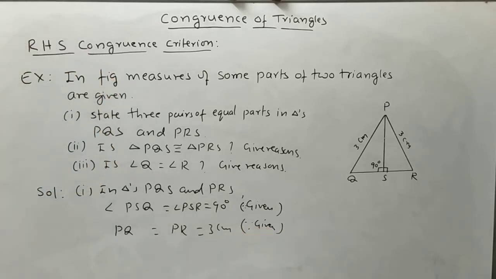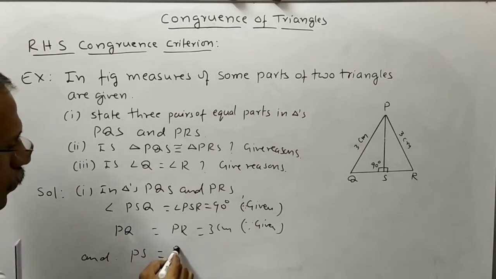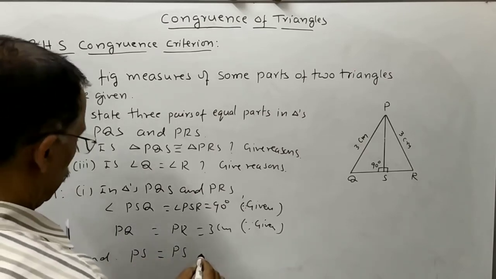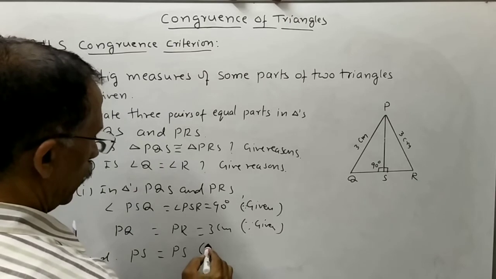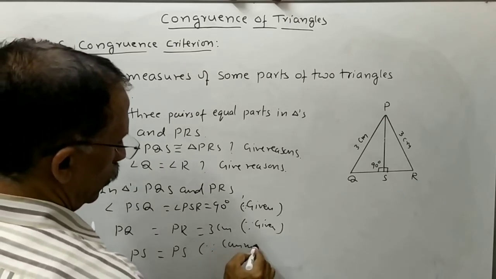And you are supposed to search for the third part, that is PS is equal to PS. How? Common side.